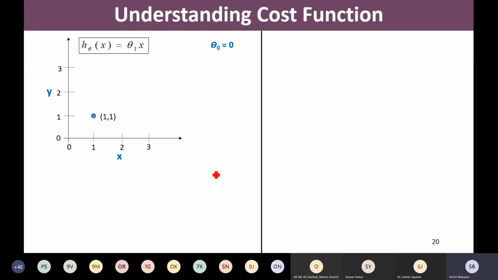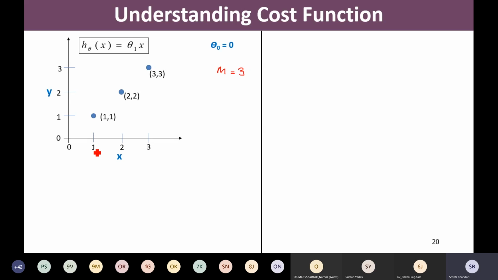Now let us assume that we are having 3 training samples in our data set. How many data samples in our data set? 3 data samples, denoted here as 1, 1, 2, 2, 3, 3. So my m equals 3.